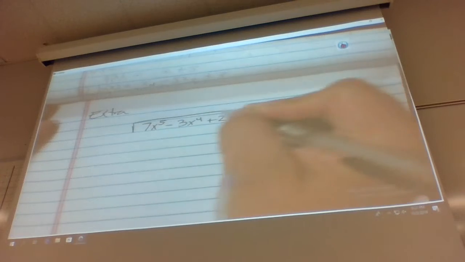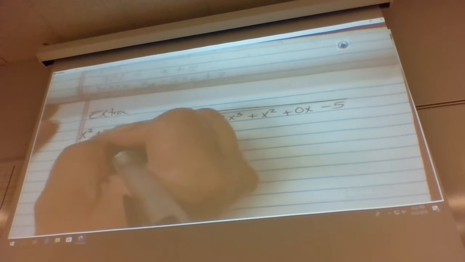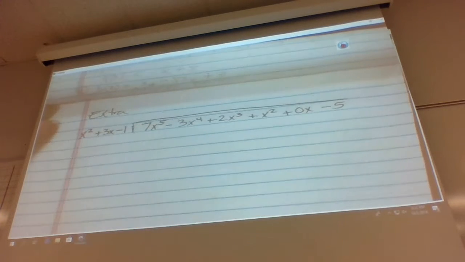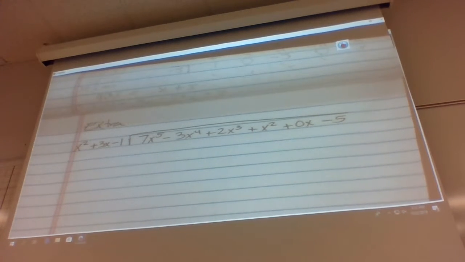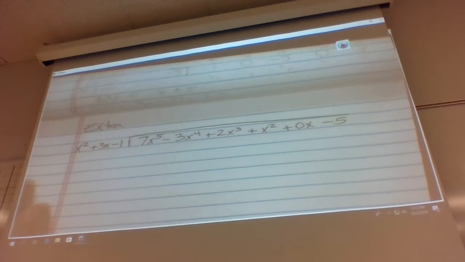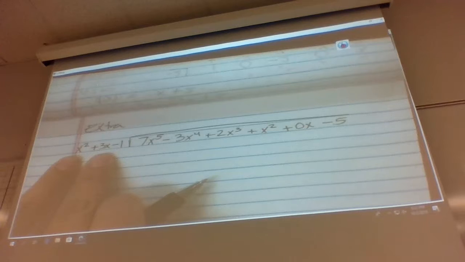So, you will get a problem like this. This problem, you will not be able to do in synthetic. Do you understand why? Because it's an x squared. All you have to worry about is that in all the questions it goes down all the time just by 1.